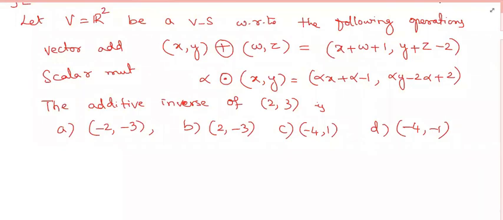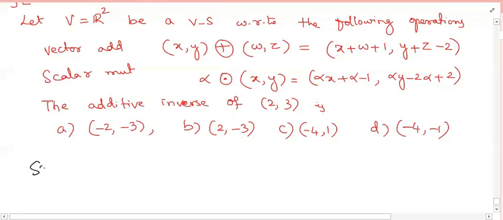You remember in a vector space, what is -1 into V? Solution. What is the scalar product of -1 with V? It's -V, right? Everybody knows this. This is a property of a vector space. So if you take -1 as a scalar and multiply with V, you will get -V.